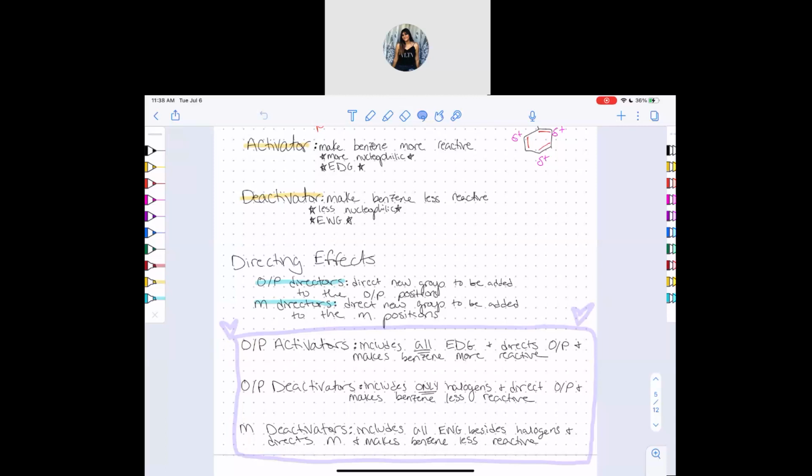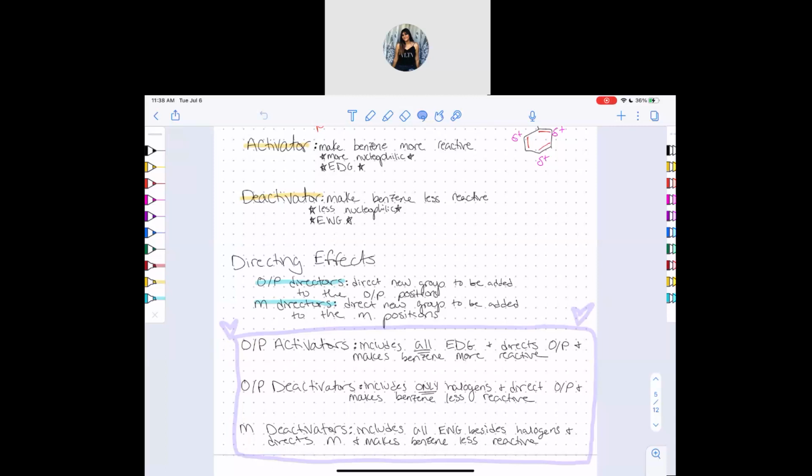Ortho-para directors direct new groups to be added to the ortho-para positions, whereas meta directors direct a new group to the meta position. So we can put those two concepts together and we get our ortho-para activators, our ortho-para deactivators, and then our meta deactivators.